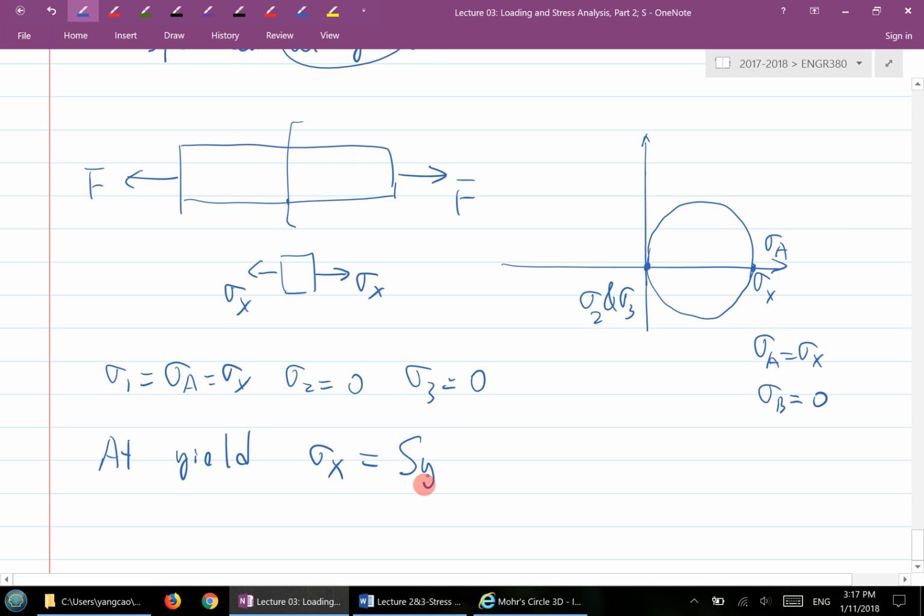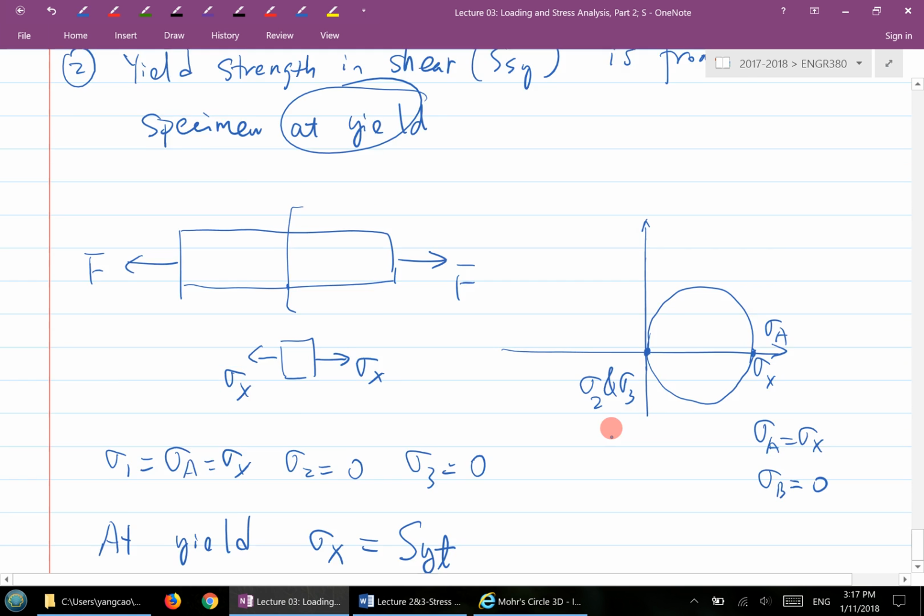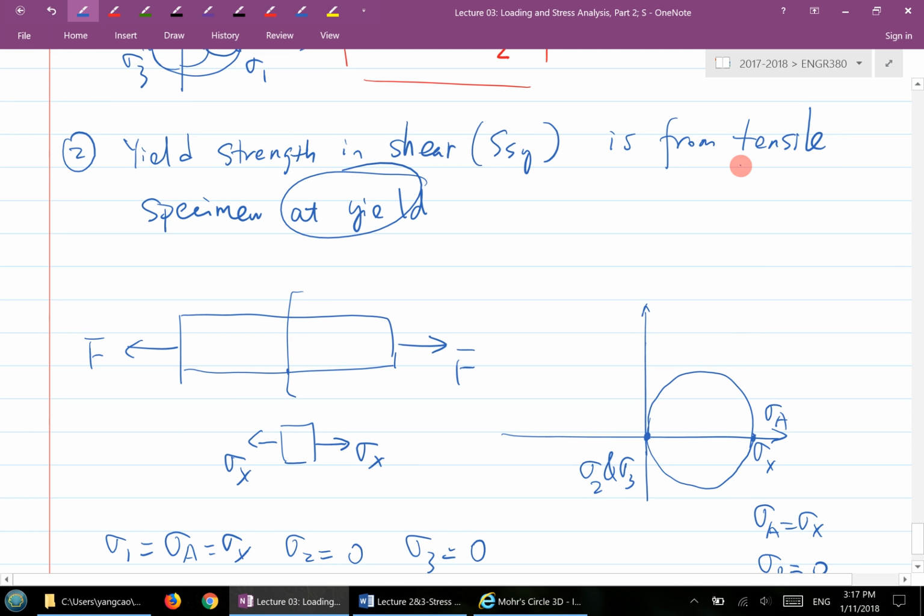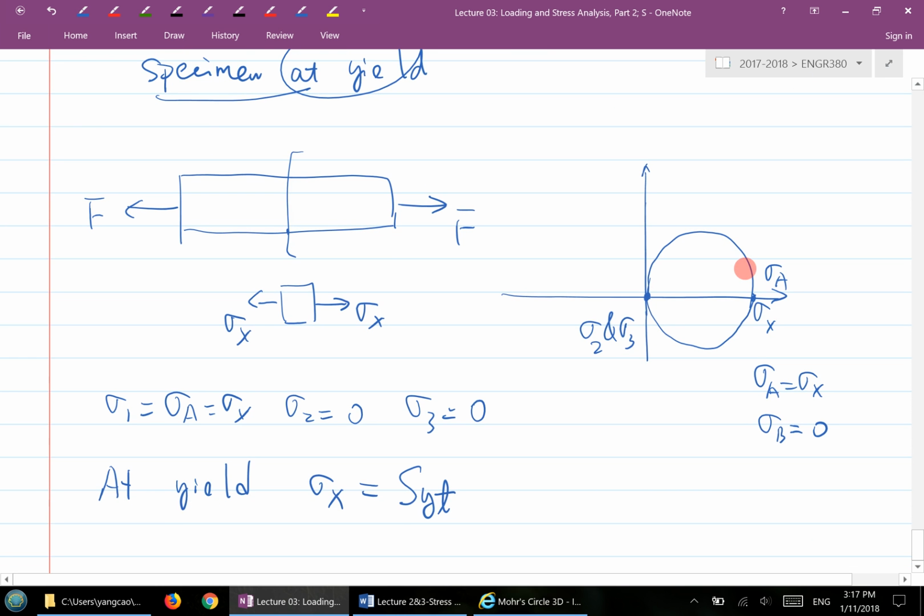Yeah. So when it's about to yield, your sigma x has reached the yield strength, the SYT. That's the condition. This is basically what it means: tensile specimen at yield. When the tensile specimen is about to yield, your sigma x equals SYT.